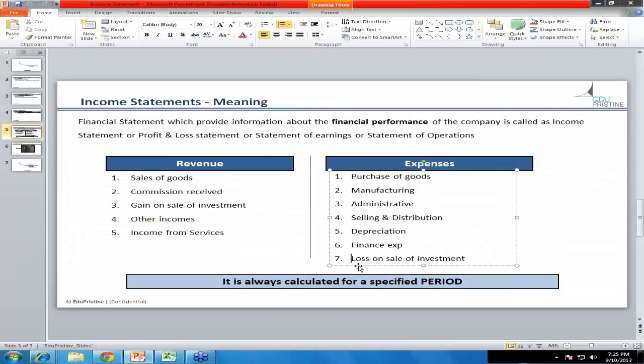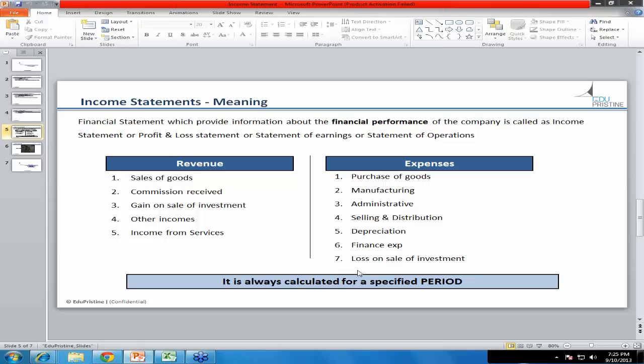And the loss on the sale of investment, specifically if, let's say, I as a company also wanted to invest in the stocks, or let's say the S&P 500, if I had extra cash and I wanted to diversify my business, and I went out and bought some SPDRs, which is the ETF equivalent of the S&P.